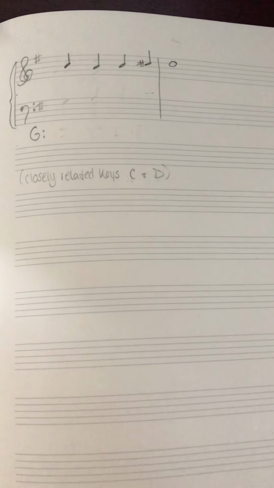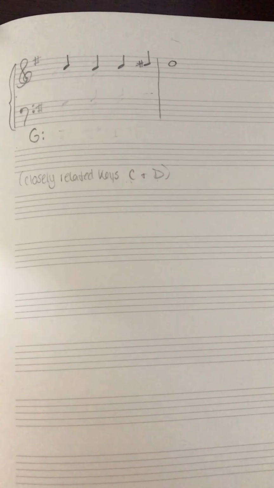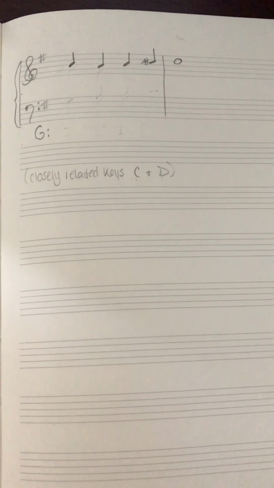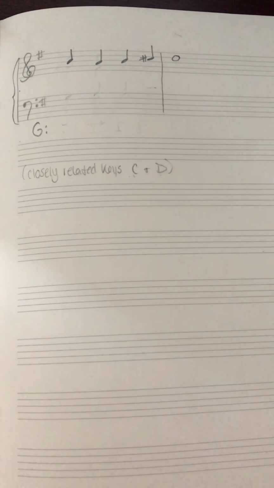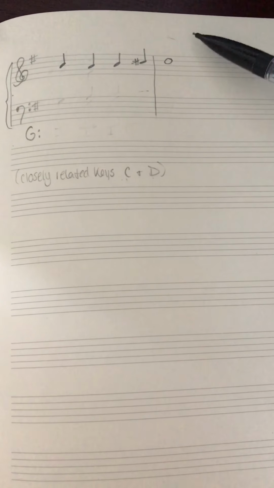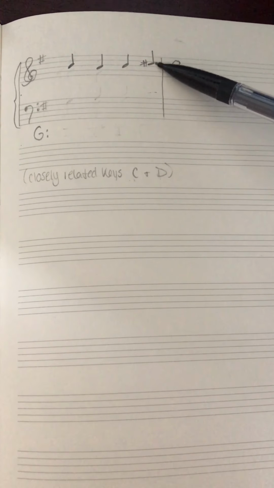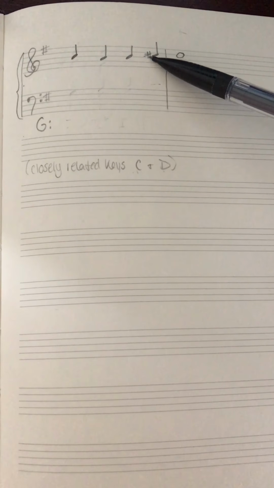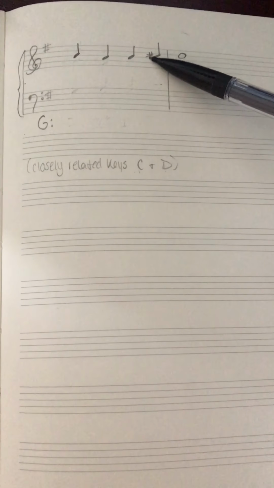So now that we've determined our cadence point, we want to figure out our harmonic progression. Now with a modulation, there's an extra step. So first thing right off the bat, we're going to notice that this note right here, C, has an accidental that's not in the key signature. It has a C sharp.